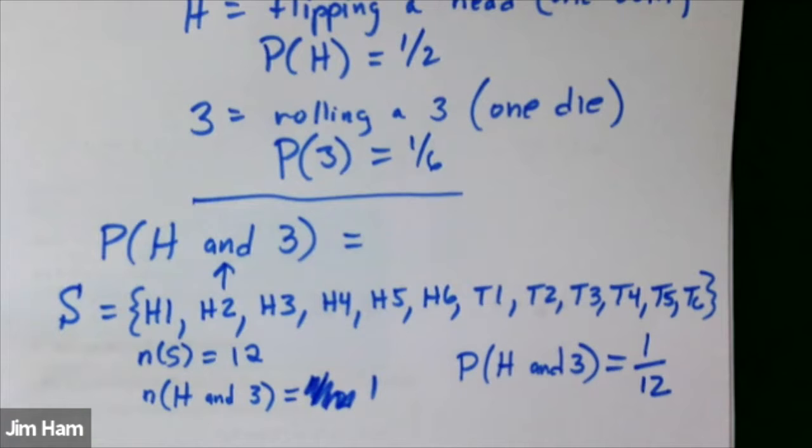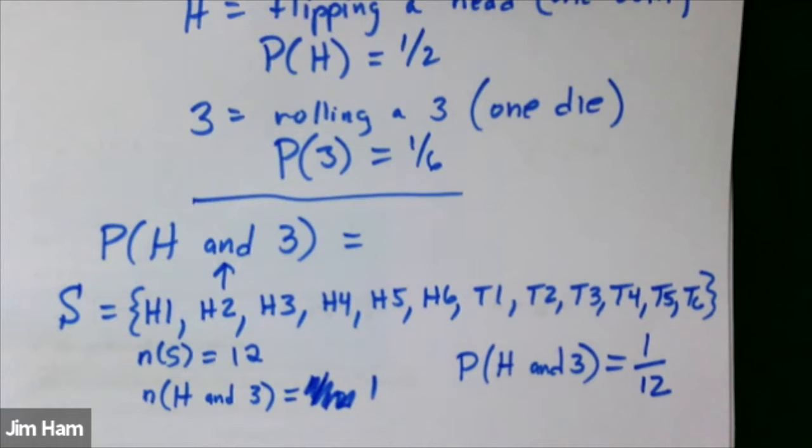Does the probability of rolling a 3 change from 1/6 to something else? And the answer is, no, it doesn't. The probability of getting a 3 is always going to be 1 in 6. So the outcome of the coin does not influence the probability of getting a 3.